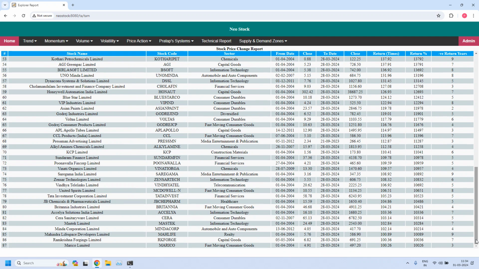Maybe 1 or 2 years they may go down due to some bad period in the market, but overall consistent profits. So for that, what I do, I will compare this stock, the same 87 stocks, how they performed earlier and how they performed recently.